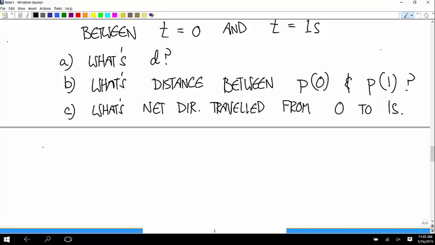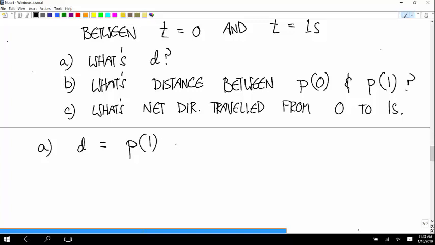Okay, well, for part A, the displacement is going to be the position at the later instant, so position at 1 second minus the position at the earlier.